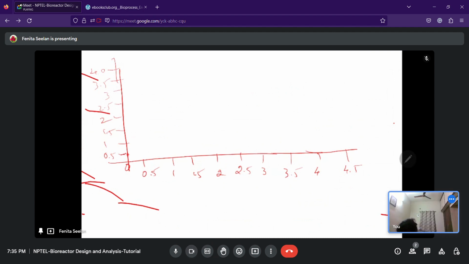So for 0, I'm just keeping this as an example. Please try to solve it on a graph sheet.